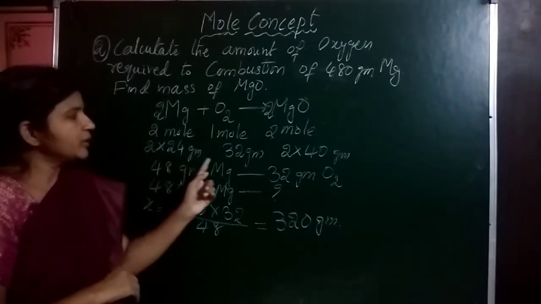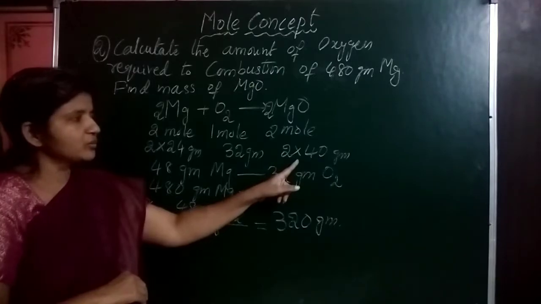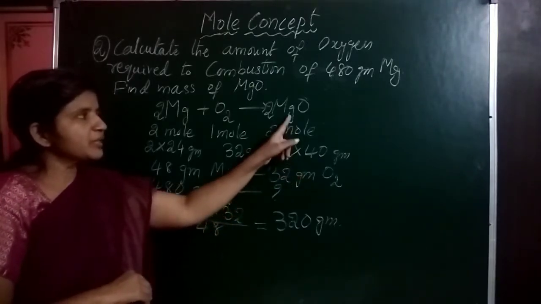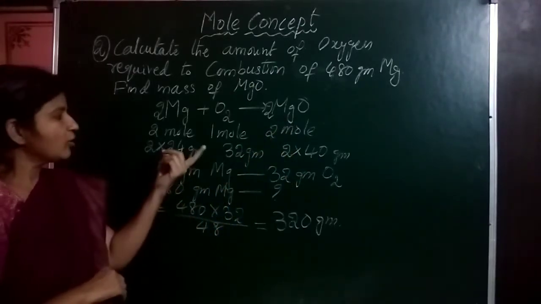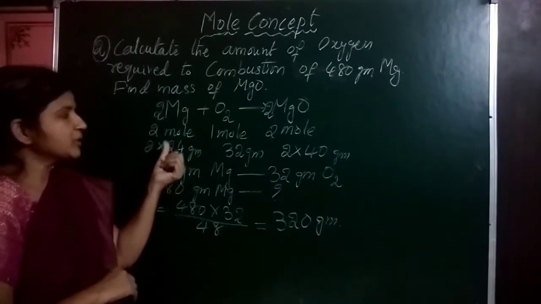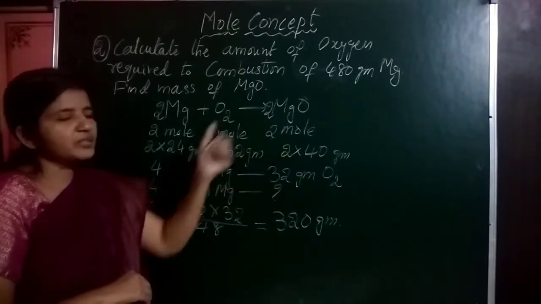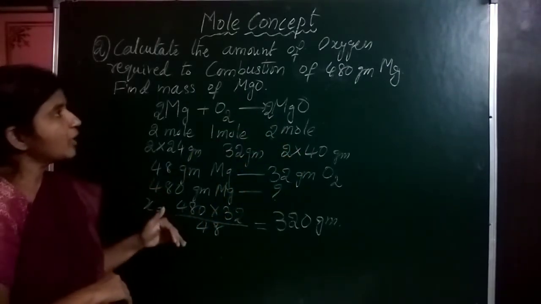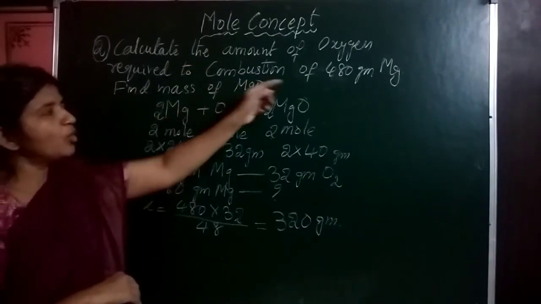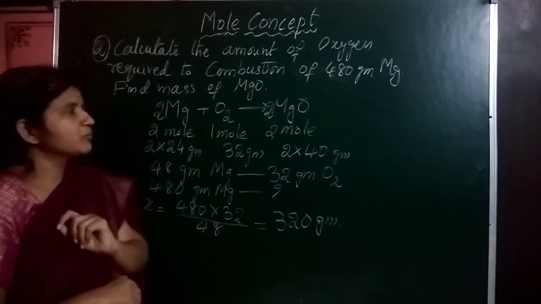According to the equation, how many grams of magnesium oxide is produced? 2 into 40 grams of magnesium oxide is produced. According to the equation, 48 grams of magnesium reacts with 32 grams of oxygen and gives 80 grams of magnesium oxide. But now in the sum, how many grams of magnesium is used? 480 grams.